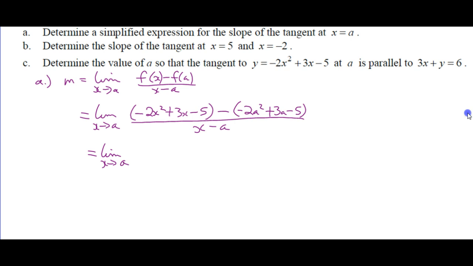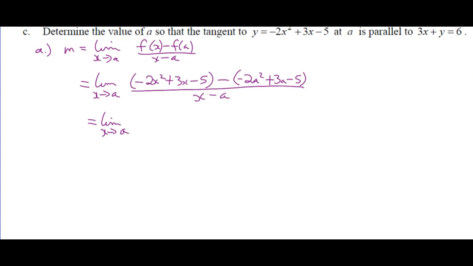Okay, and now we're ready to start simplifying this. Removing brackets, we get negative 2x squared plus 3x minus 5 plus 2a squared, right? So we've got minus and minus, minus 3a plus 5, over x minus a.